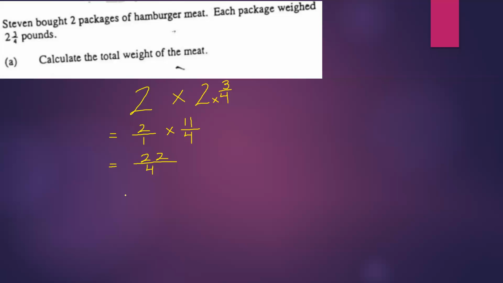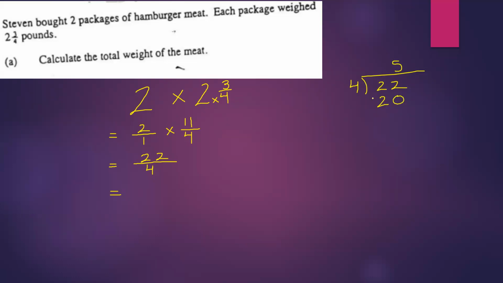They ask for the total weight of the meat, so we have to change this into a mixed number. So 4 into 22. How many times does 4 go into 22? 5 times. 4 times 5 is 20.